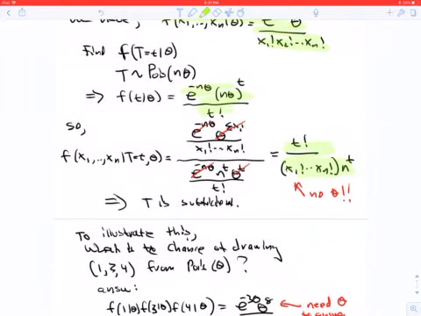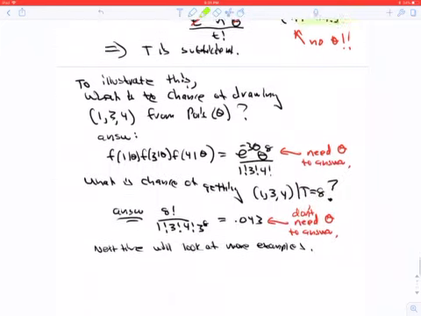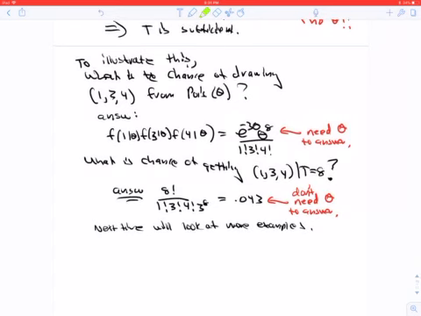And an amazing thing happens. All of the thetas drop out, and we get something that has no dependence on theta. So that would show you that T is sufficient.